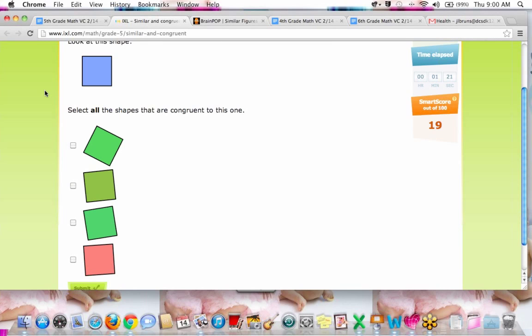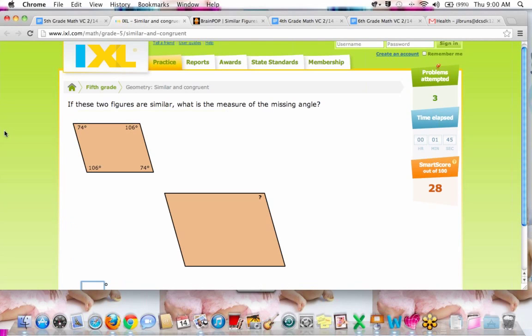All that matters for congruent is that they are the exact same size, same shape, and same angles. Go ahead, Sierra. D. Is that the only one? C. And maybe B. And I think it's actually A as well. Yep, you're right, Autumn. It's all of them. They were just tilted a little differently.